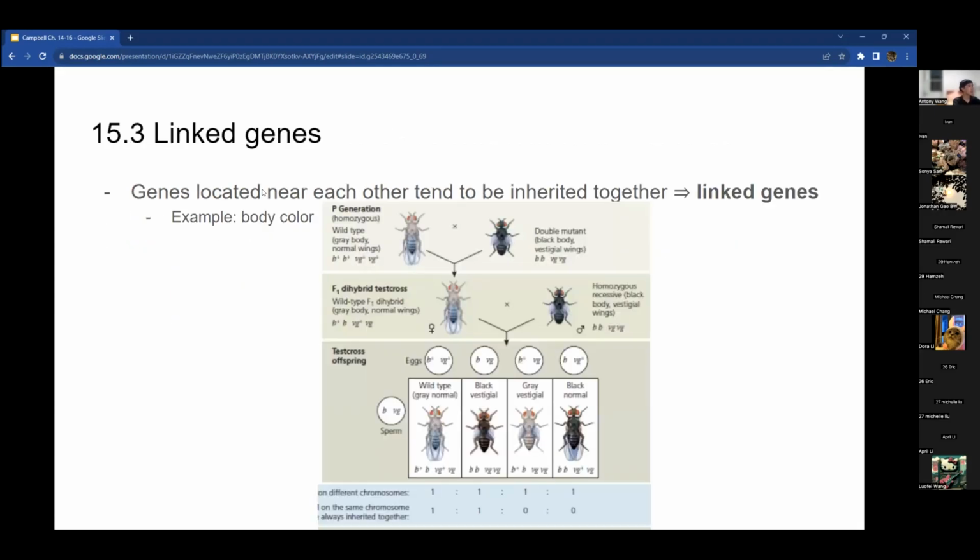Genes located near each other tend to be inherited together. Oh, linked genes. This has to do with the concept of crossing over. Do we all know what crossing over is?